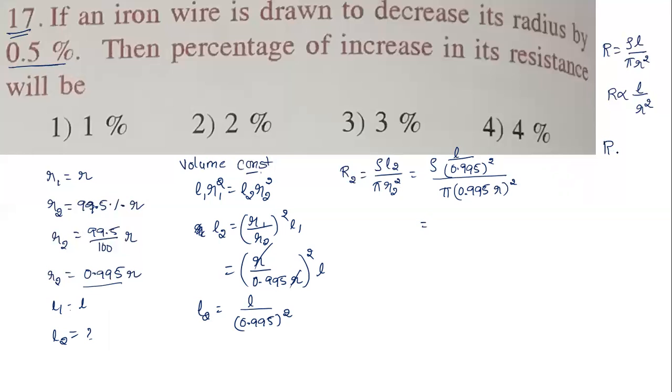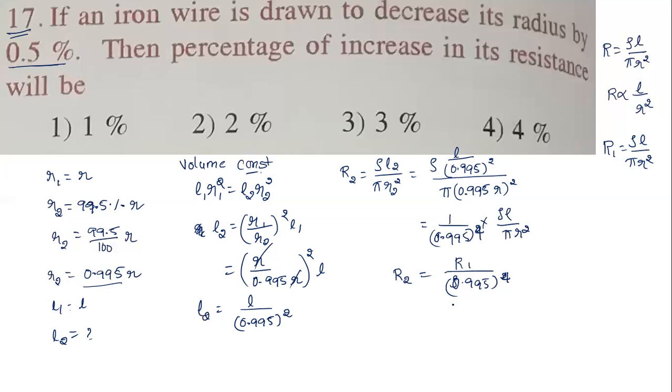Now here R1 we already know: R1 is rho L by pi r square. So this becomes rho L by pi r square divided by 0.995 whole square into rho L by pi r square. This becomes R1 divided by 0.995 to the power of 4, sorry, not square, to the power of 4. So this is R2.